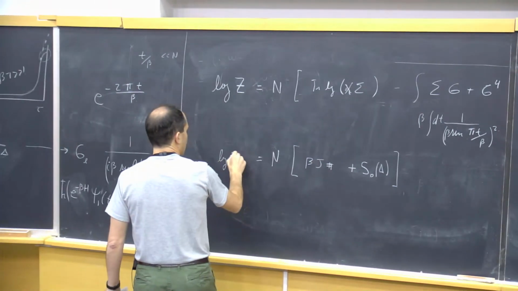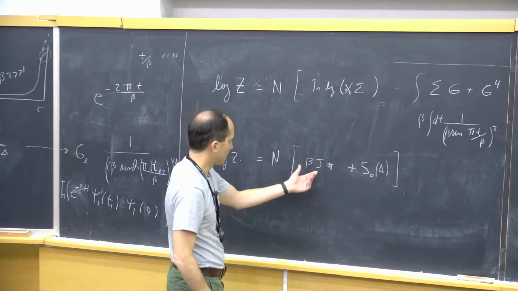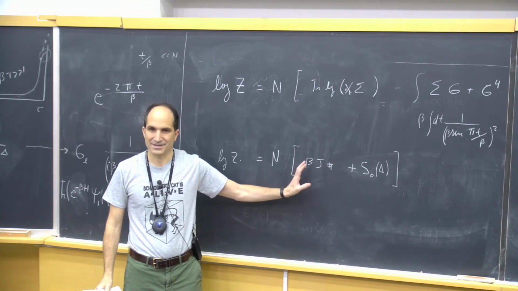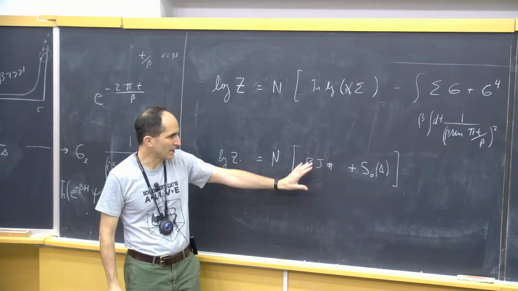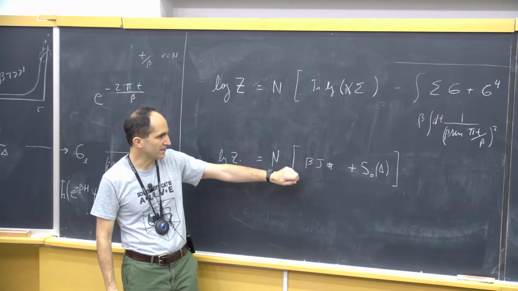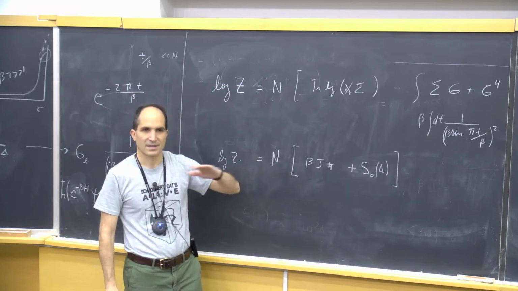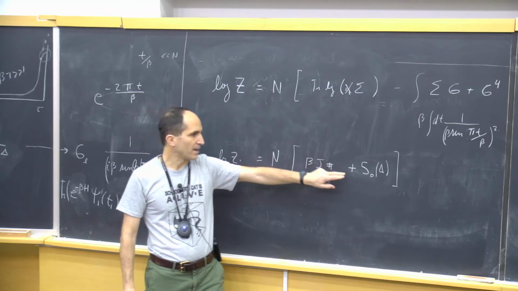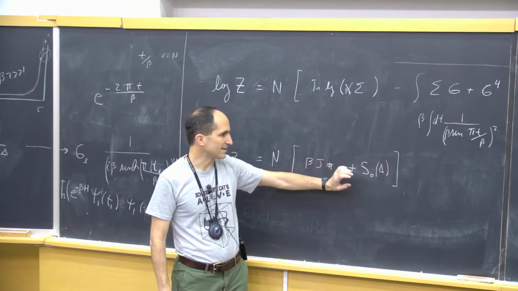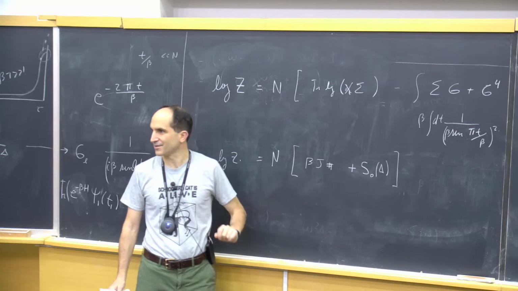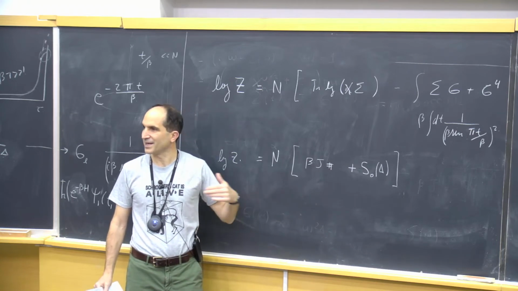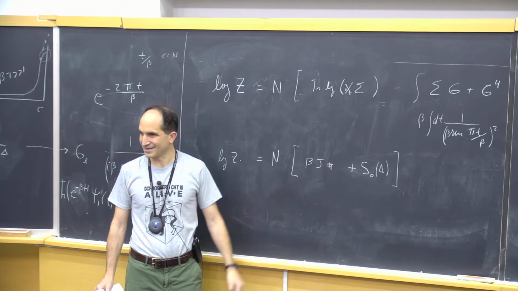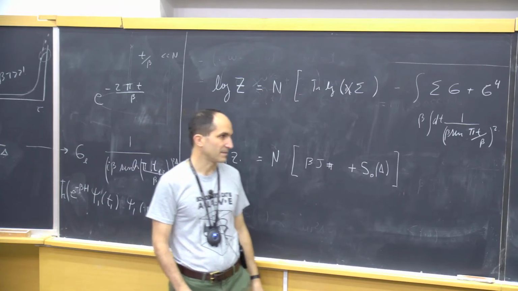Now, this first term can be viewed as the ground state energy. If we look at this and ask what kind of system we have, we have some system that has some ground state energy, so we could, of course, subtract it and ignore it. And then we have something that is sometimes called the ground state entropy. So naively we would say that we have many degenerate states, e to the S0 of them.